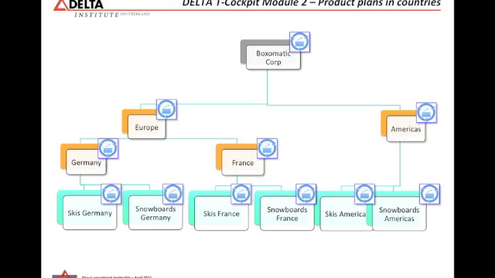Now, within the sales organizations, there may be a focus on products. Germany will sell skis and snowboards, the 2 main product lines of Boxomatic Corporation, and so will France and the Americas. And for each of these product units, again, we may have operational goals and operational plans.